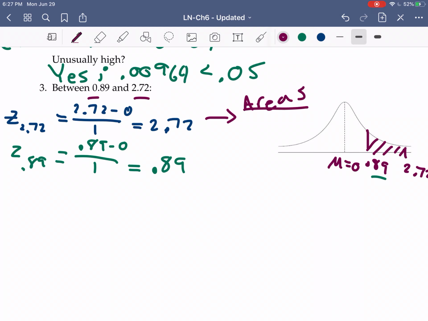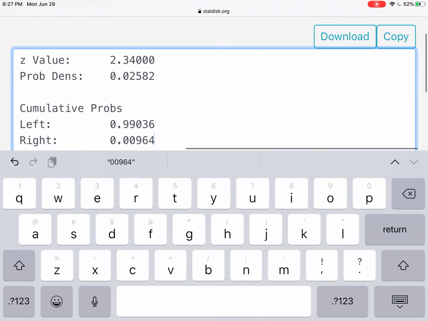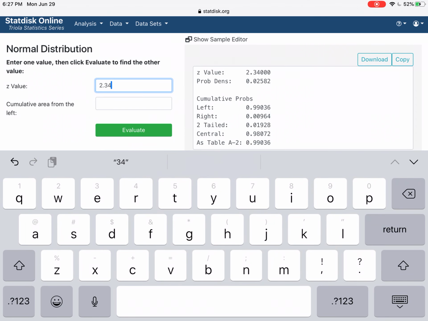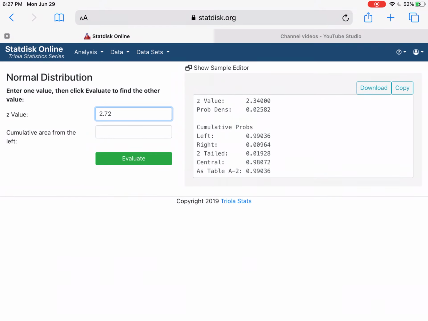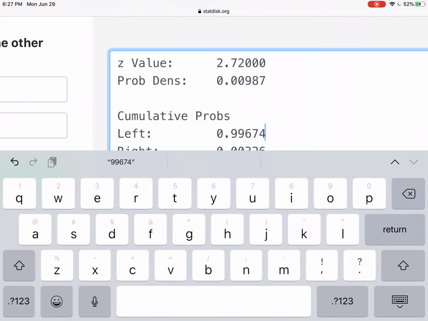The area to the left of 2.72 is 0.99674.